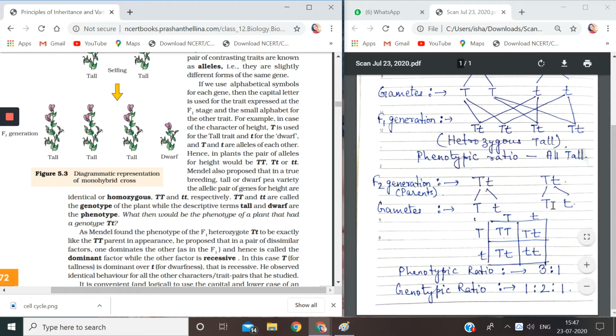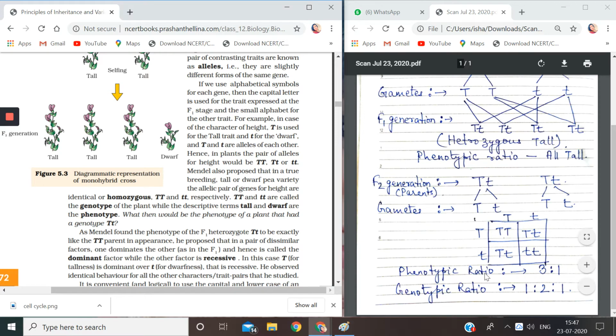Now, when these gametes combine, we get one capital T with another capital T. So one plant is homozygous tall, two other plants are heterozygous tall, and one plant is homozygous dwarf. That means out of four plants, three are tall and one is dwarf.